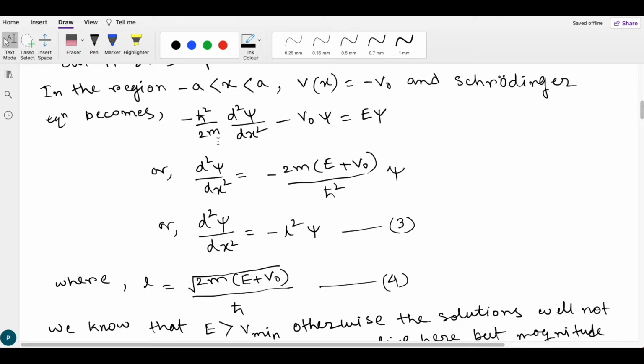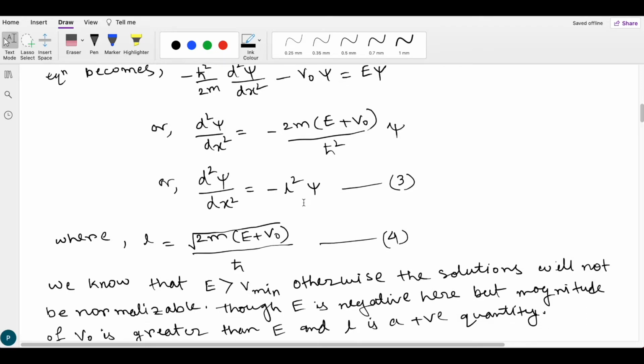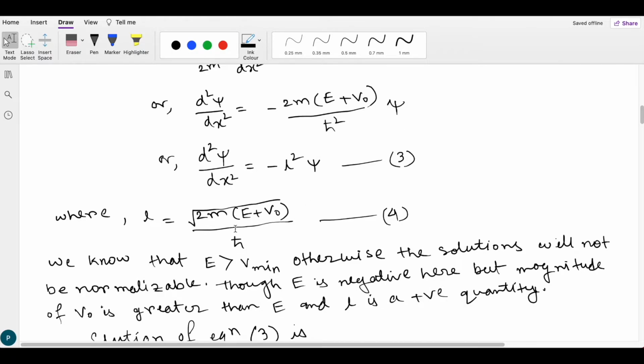Just taking the constants and the potential part to the right side of the equation, we get d2 psi by dx squared equals minus L squared psi, where L is root over 2m (E plus V naught) by h bar.